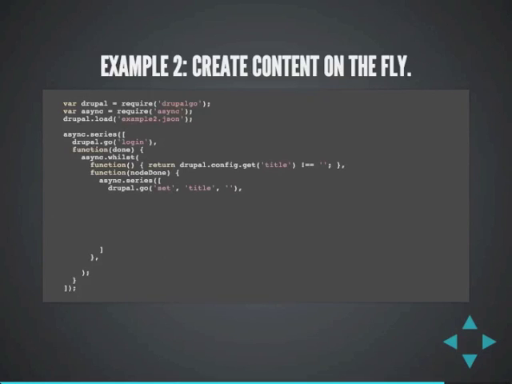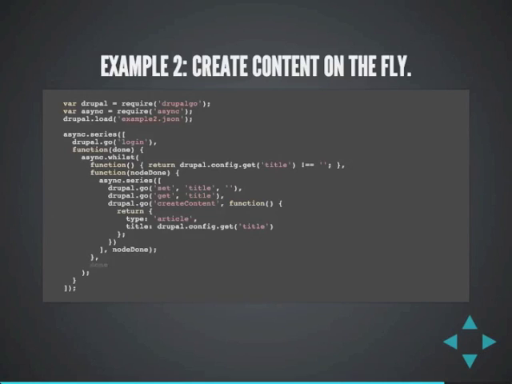It's pretty intuitive. Then I'm going to say Drupal Go get title, give me a new title. Then we call the create content function, and I return that title. That's really it. It's going to iterate over. Oh, and then when I'm done, I'm going to say Node is done. It's going to continue with the while loop, and then there's the other done for the other series. Let's do it.